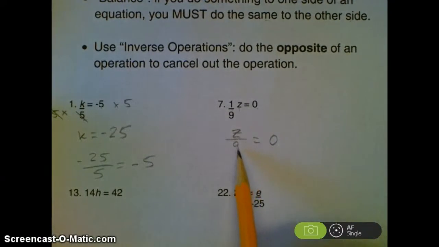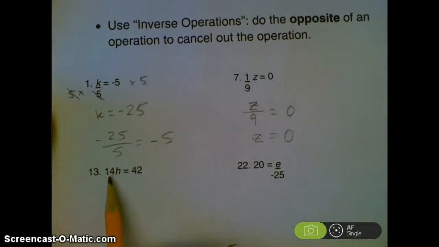With this problem, anything times 0 is going to be 0, so z, if I multiply by 9, is going to be 0. So remember, even though I do the opposite, I multiply instead of divide, it's still going to be 0.